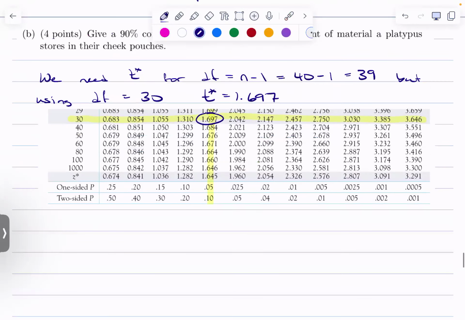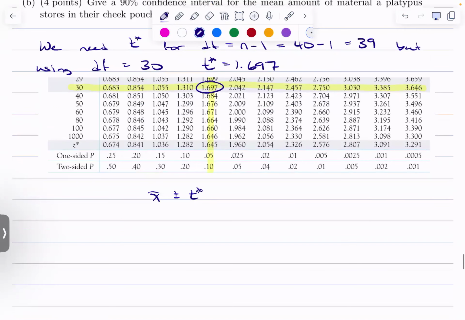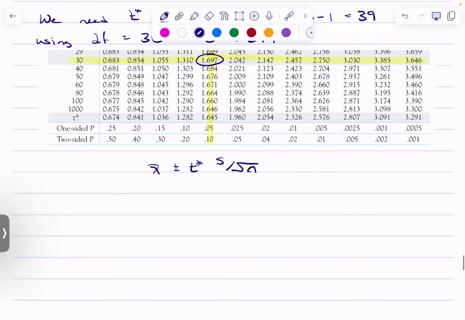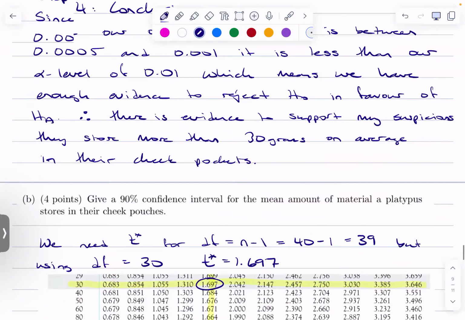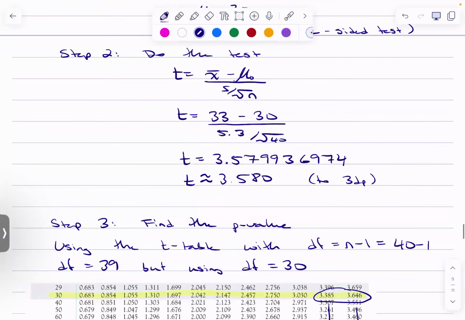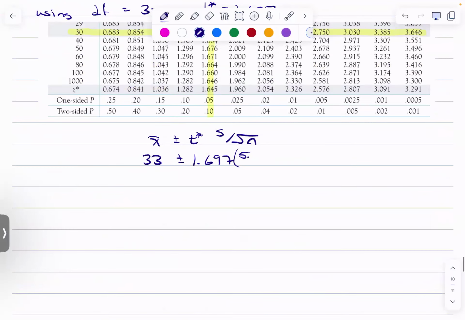Okay, here we go. X bar plus minus T star times S over root N. X bar was 33 plus minus, what did we find? 1.697 times 5.3, I think, over the root of 40. It's a nitty-bitty calculation compared to what we were doing.